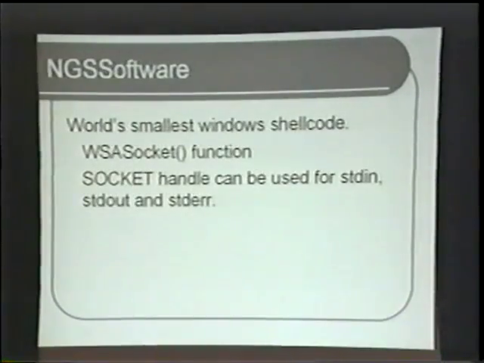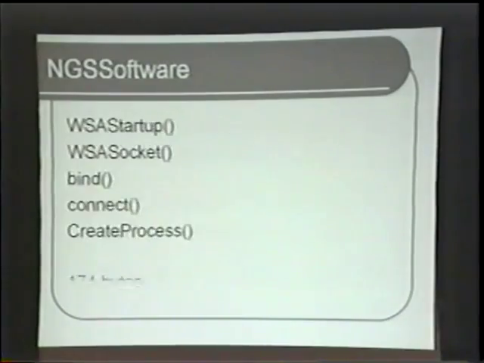We can actually use the WSASocket function, and the socket returned from that, we can pass as handles to the created process's standard in, standard out, and standard error. So essentially, all we need to do is call WSAStartup. Well, actually, we don't even need to do that.